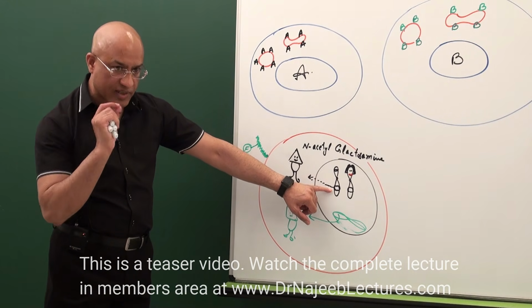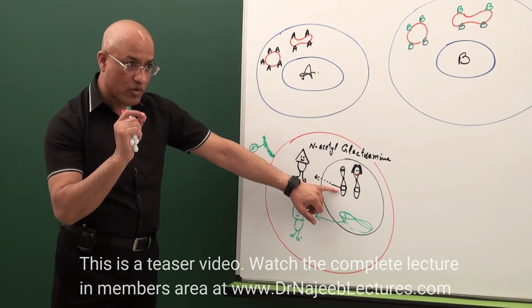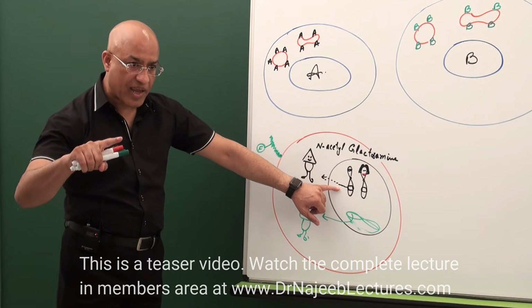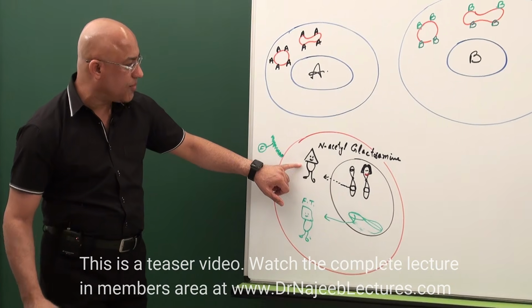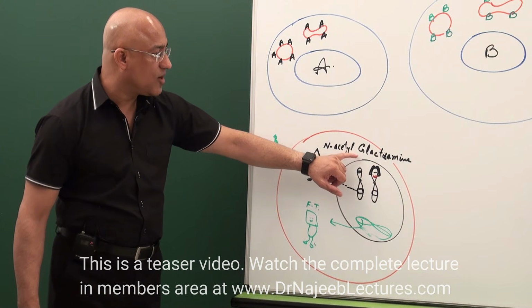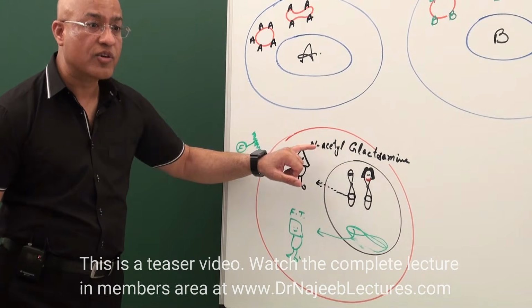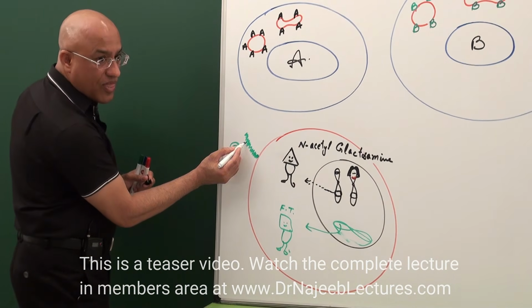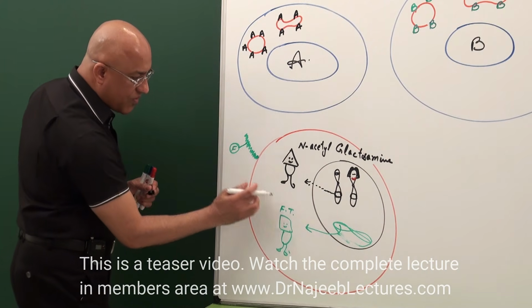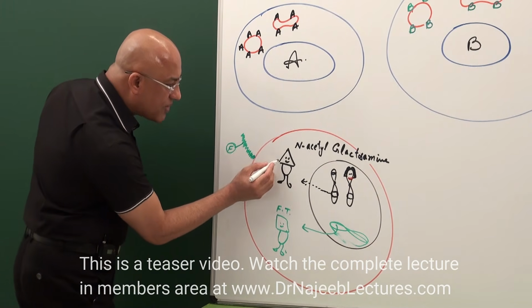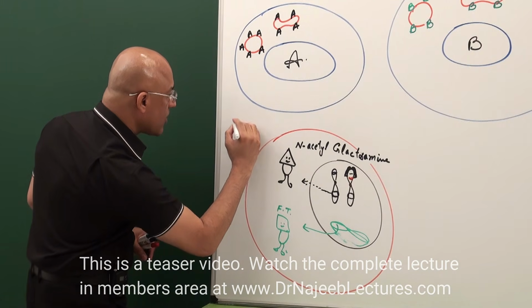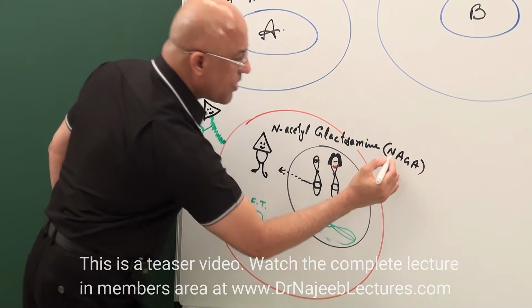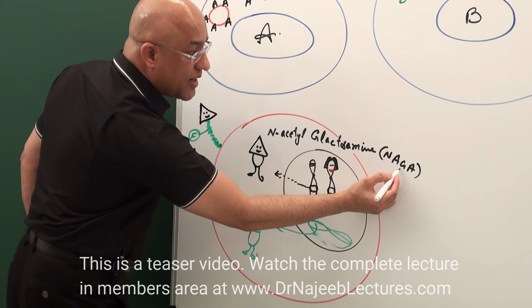At this specific locus, when this gene is expressing in a person with blood group A, it is going to make which enzyme? Yes, N-Acetyl Galactosamine transferase activity, right? So this person has already made H substance. On top of that, it will transfer N-Acetyl Galactosamine, we can call it NAGA.